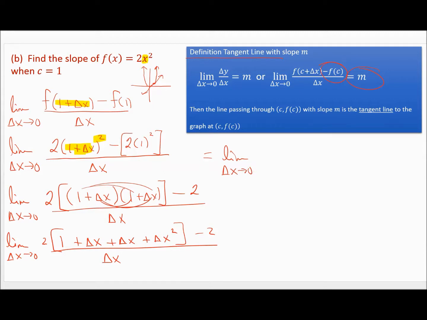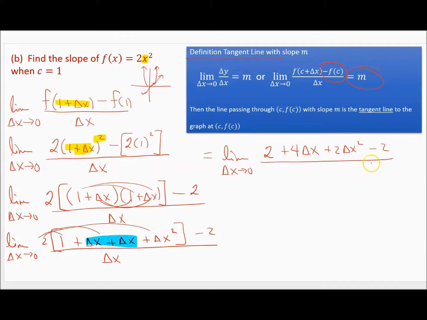Okay. Now I can add like terms. So we have some like terms right here. Delta x plus delta x is 2 delta x. And I also can distribute the 2 inside. So of course 2 times 1 is 2. Now, I'm going to go ahead and add this in my head. That's 2 delta x times 2 is going to give me 4 delta x plus 2 delta x squared, and then minus 2.